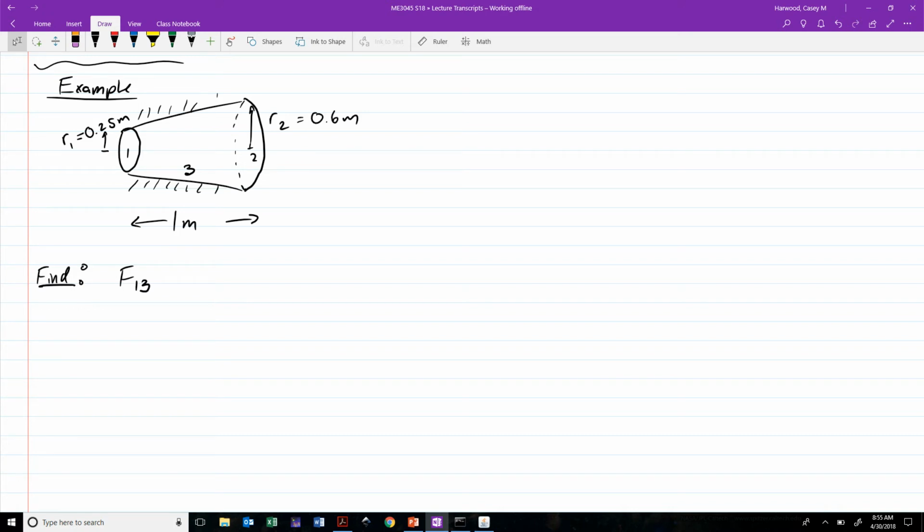So to solve this one, what we would do is open the book and peruse through table 13.1 and realize that 13.1 deals with two-dimensional geometries.